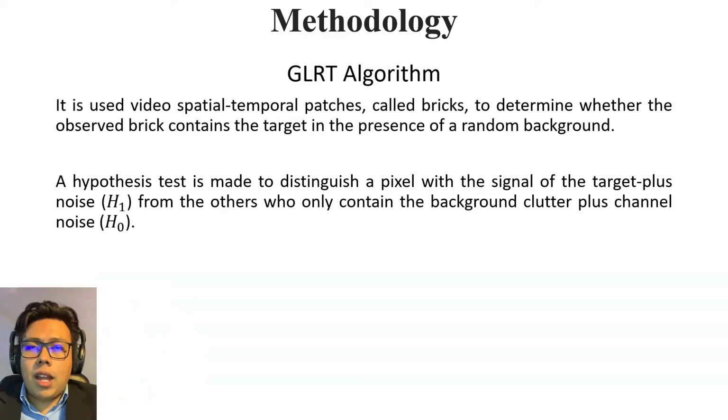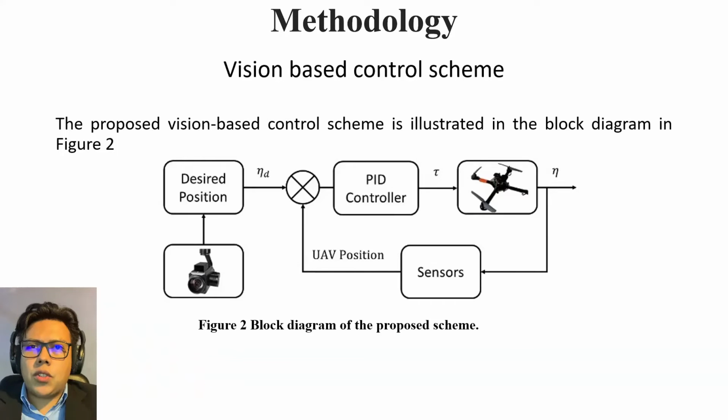A hypothesis test is made to distinguish a pixel with a signal of the target plus noise, H1, from others that only contain background clutter, H0. The proposed vision-based control scheme is illustrated in the block diagram in Figure 2.